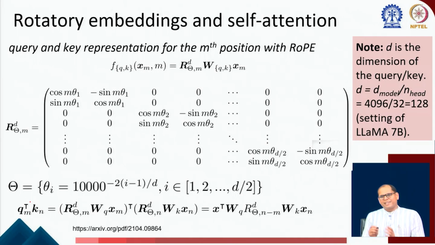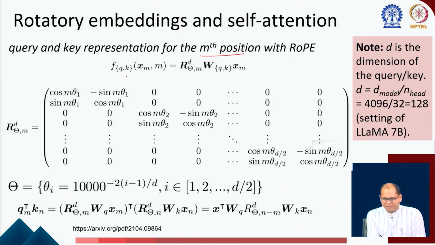Given this background about rotary position embeddings, let us see how we really implement it. What are all the parameters that are there, and how does it really work? Suppose I have a token at the mth position and I want to apply rotary position embedding to that. Interestingly, it is applied only when you compute the query and key embeddings.